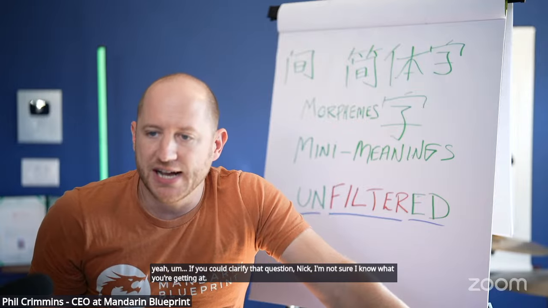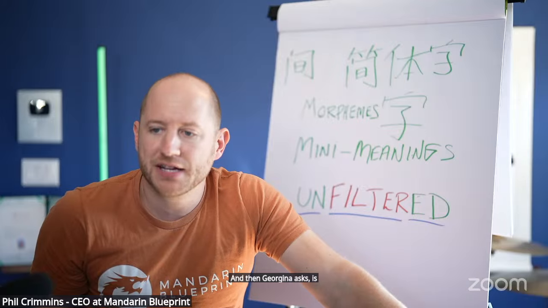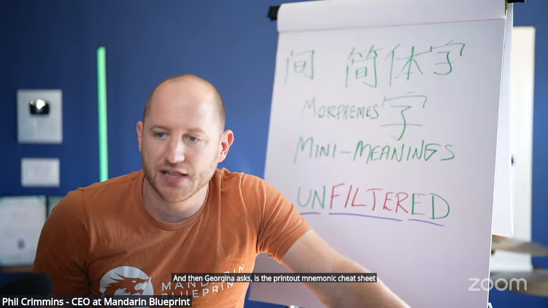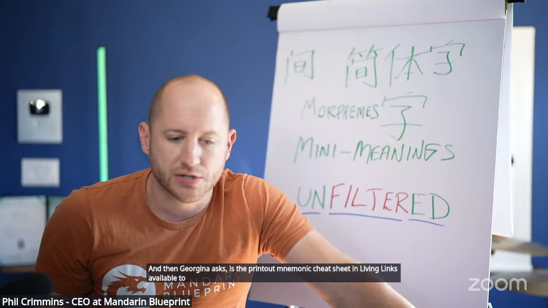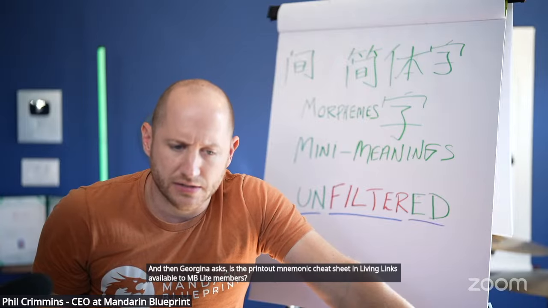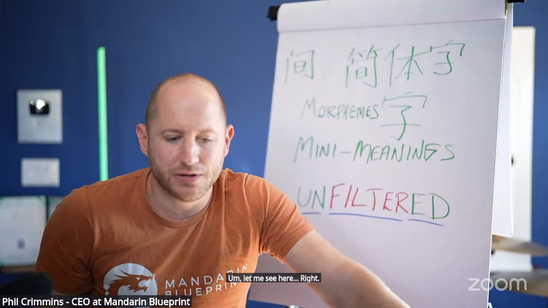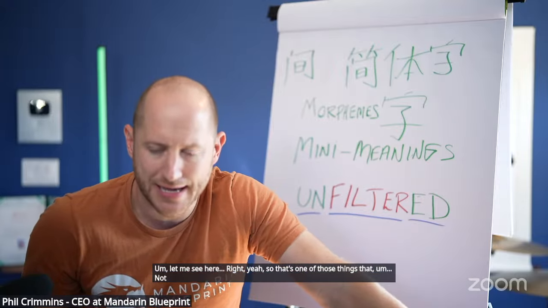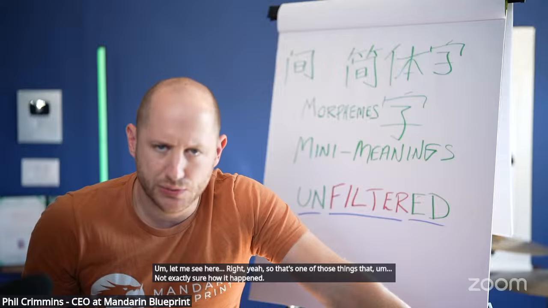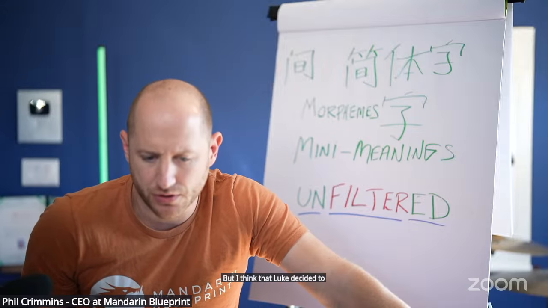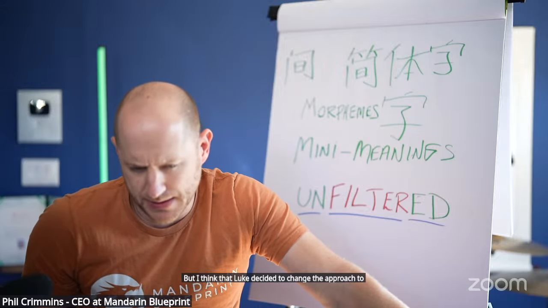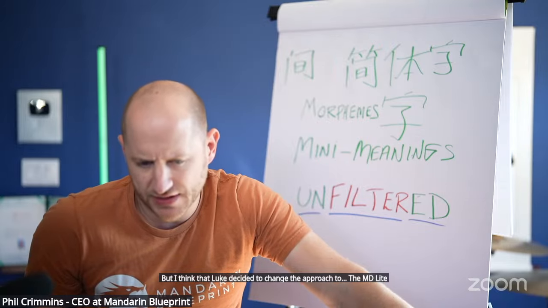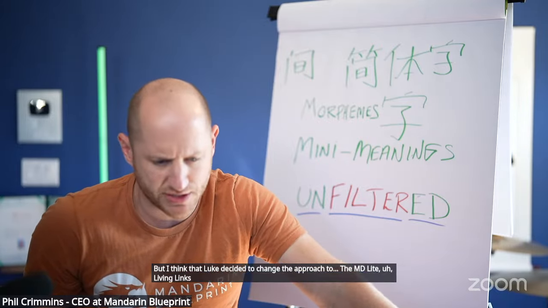And then Georgina asks, is the printout mnemonic cheat sheet in Living Links available to MB Lite members? Yeah. So that's one of those things that I'm not exactly sure how it happened, but I think that Luke decided to change the approach to the MB Lite Living Links sections.